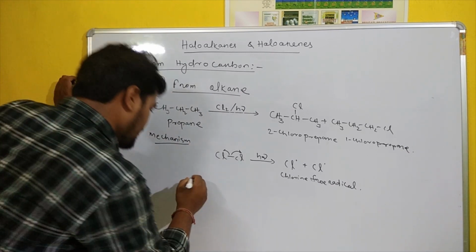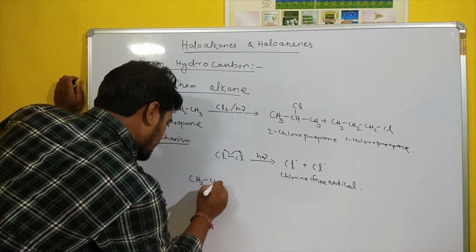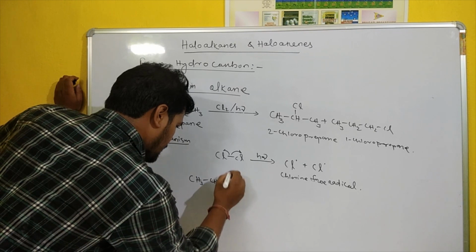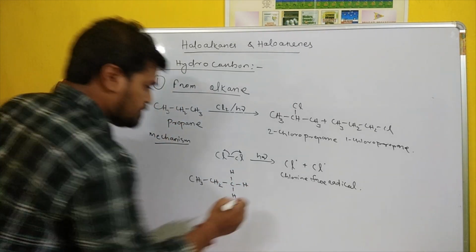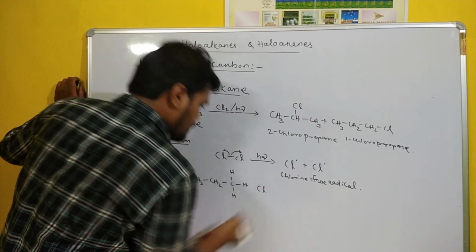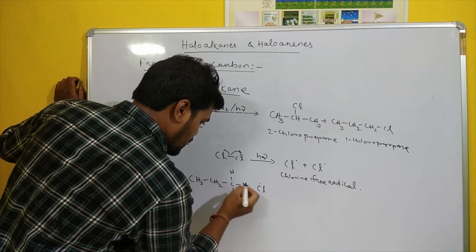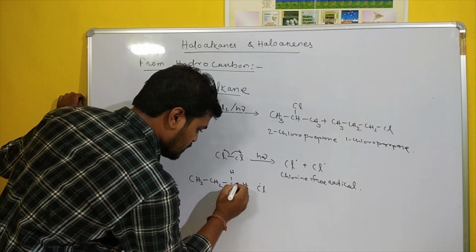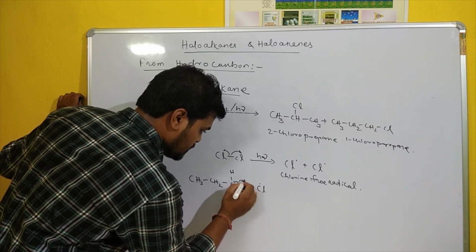This chlorine free radical attacks a hydrogen of the alkane. One bond shifts here, one electron shifts here, one other electron shifts here.